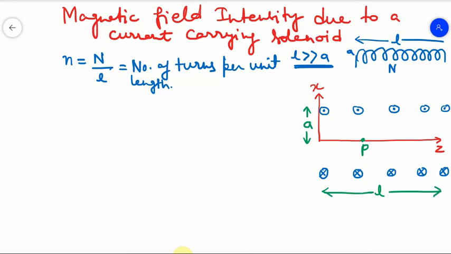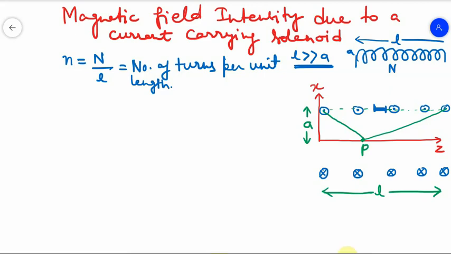Okay, so we'll consider this point P and join the two extremes, or the two ends, of the solenoid with this point, and simultaneously we'll consider a small element dl.